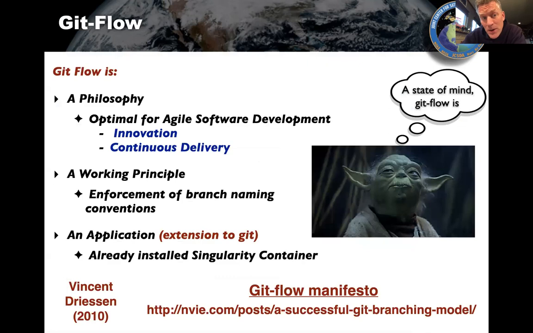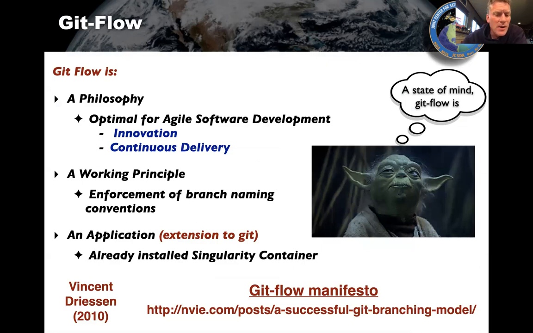So Git flow is something different than Git and GitHub. Git flow is multiple things. It's mainly a philosophy. It's an optimal philosophy for agile software development that, again, promotes both innovation and continuous delivery. The bottom here is where this originated. I'm calling it the Git Flow Manifesto.